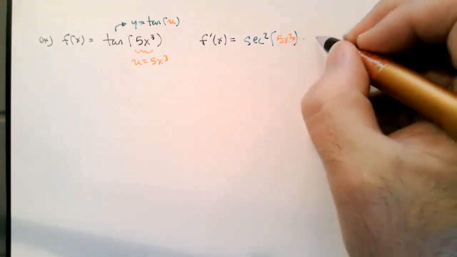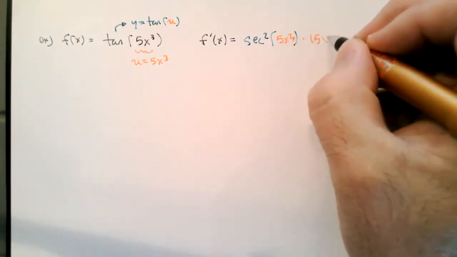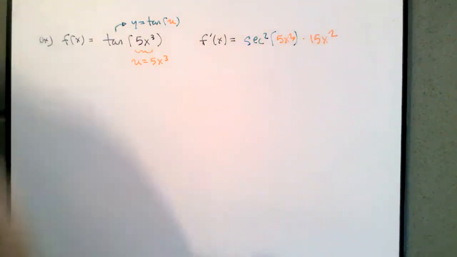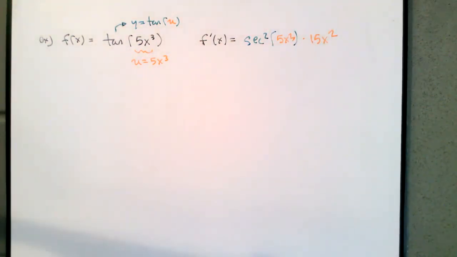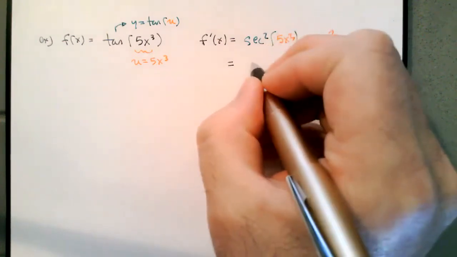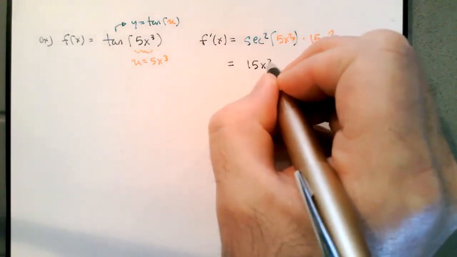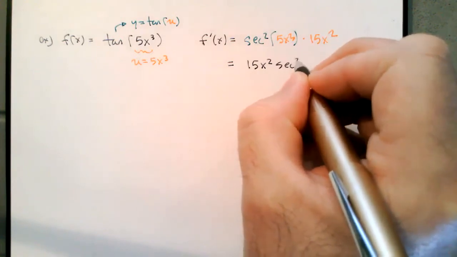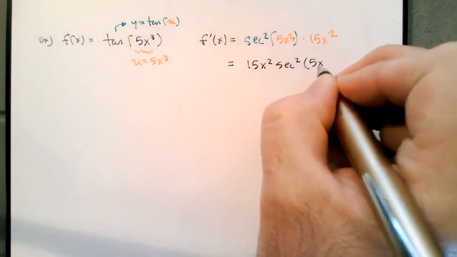The derivative of 5x cubed is 15x squared. It would be weird to put the polynomial after the trig function. We don't want to get confused that the 15x squared is part of the secant. So we can clean this up by putting the polynomial part first. 15x squared times secant squared of 5x cubed.